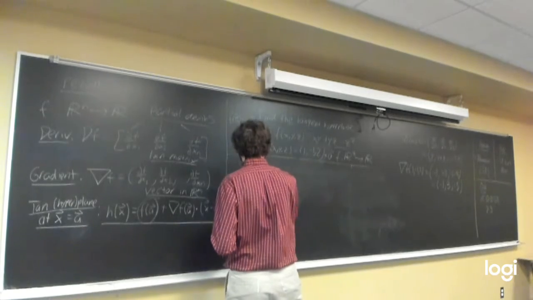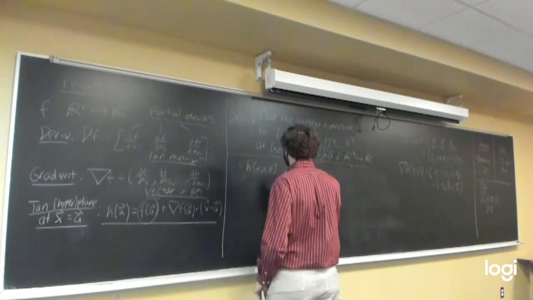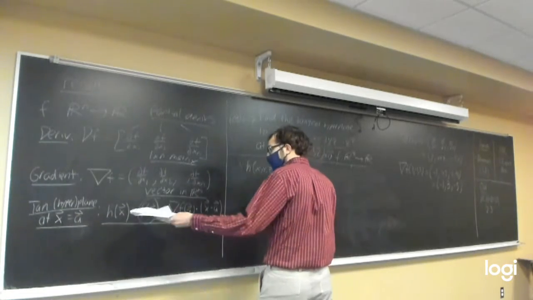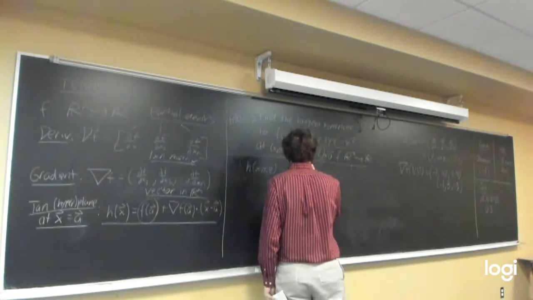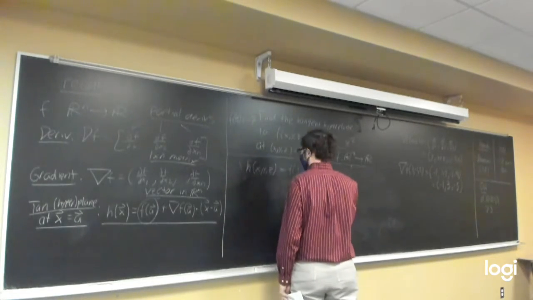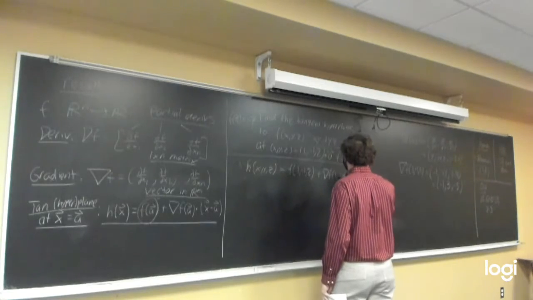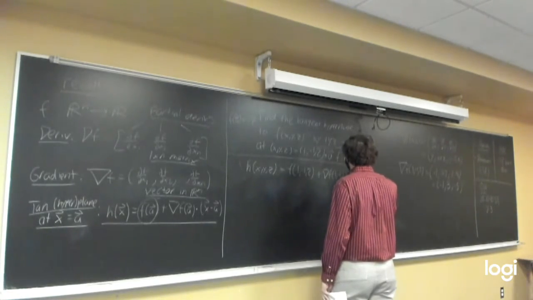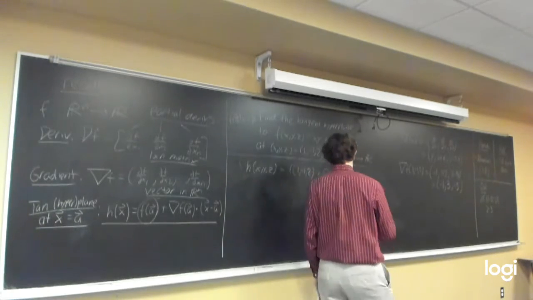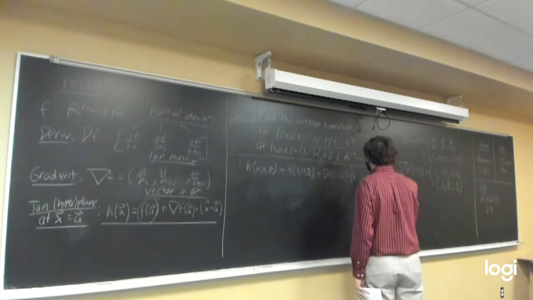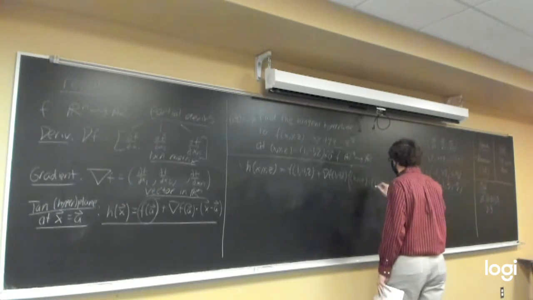We're going to end up with the equation h of, in this case, x comma y comma z, or h of vector x, is f of a, so f of 1, negative 1, 2, plus the gradient of f at 1, negative 1, 2, dotted with the vector x minus a, so x, y, z minus 1, negative 1, 2.